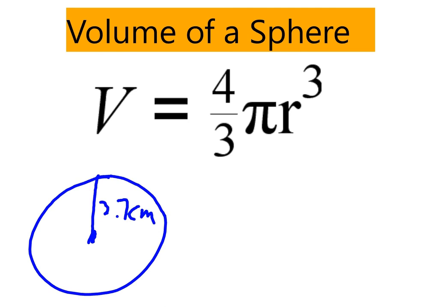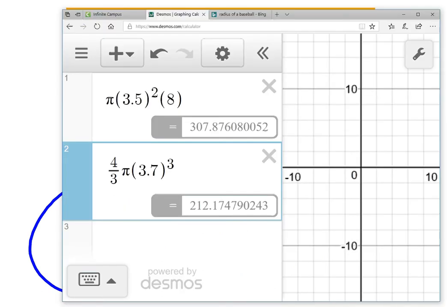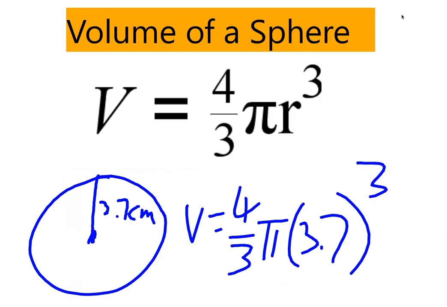It has a radius of 3.7 centimeters. You just do 4/3 pi times 3.7 cubed. So we got 212 cubic centimeters would be the volume of a baseball.